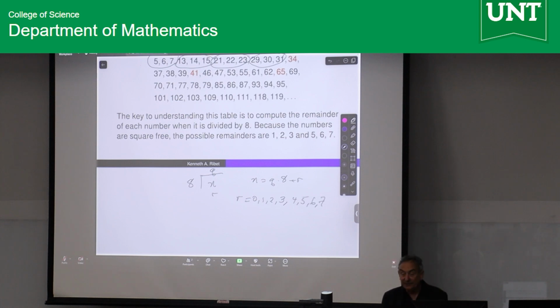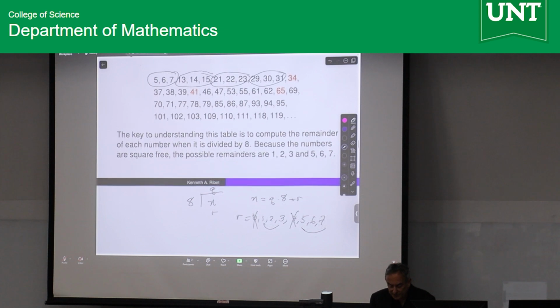There should be 8 remainders. But for example, if the remainder were 0, that would mean the thing is divisible by 8. And 8 is a multiple of 4, so the thing is not square free. And in the same way, if the remainder were 4, the number would be divisible by 4, because 8 is divisible by 4, and it would not be square free. So there are only 6 possible remainders, 1, 2, 3, and 5, 6, 7.